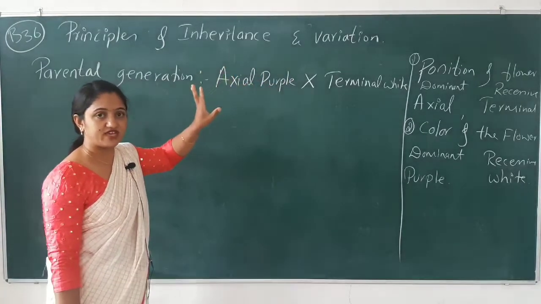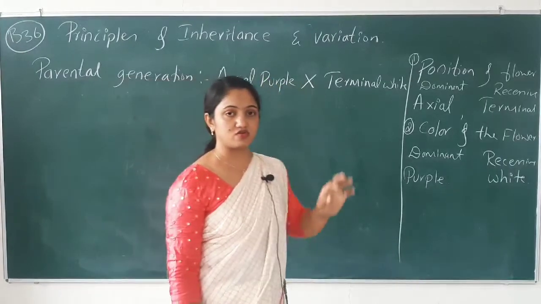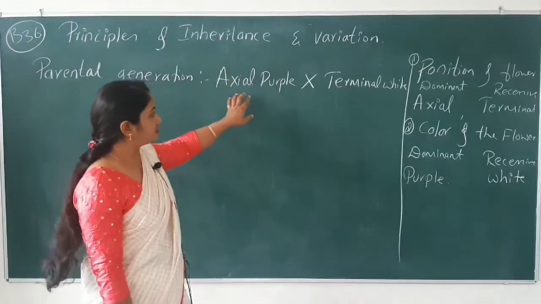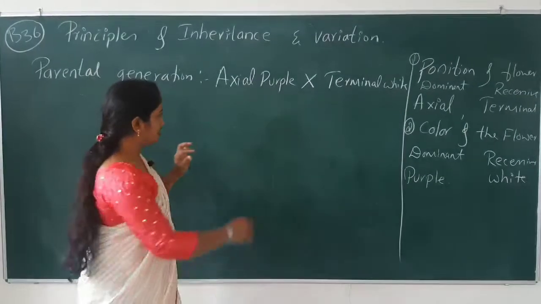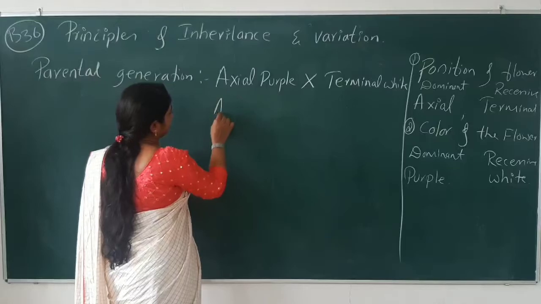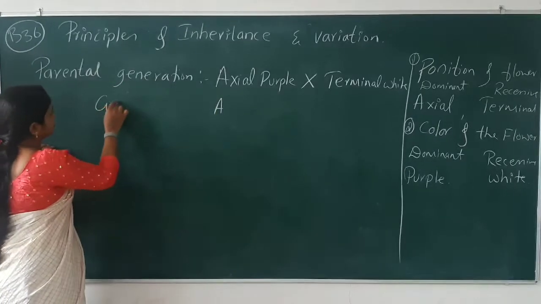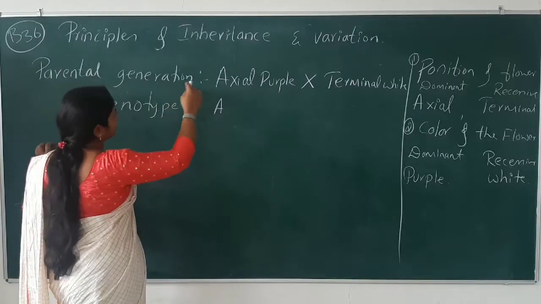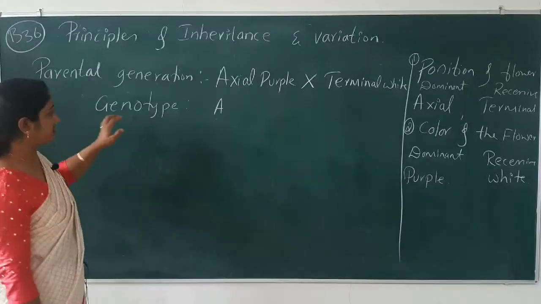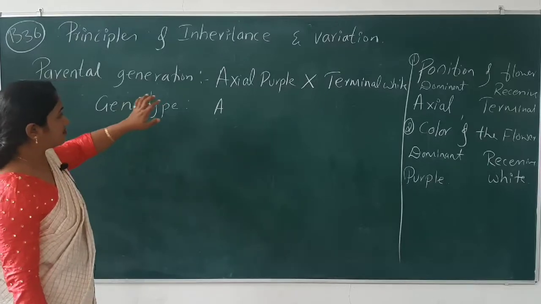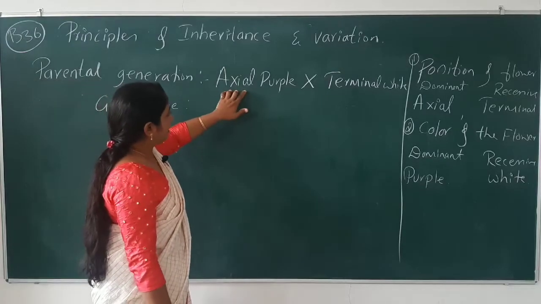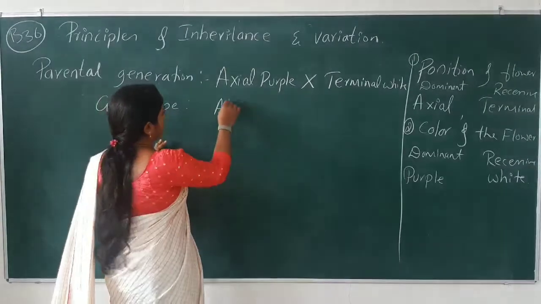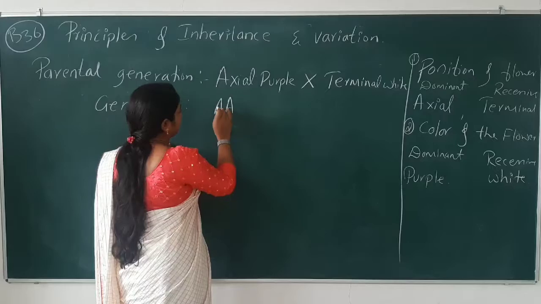Remember, when we take the parental generation for the cross or for the hybrid, don't forget to write the pure line of this plant. Pure line in the sense of axial. I'm going to write the genotype here now. This is the phenotype of the parents, and here I'm writing the genotype. For the axial, I'm going to write the letter A. So capital A, it should be in pair.